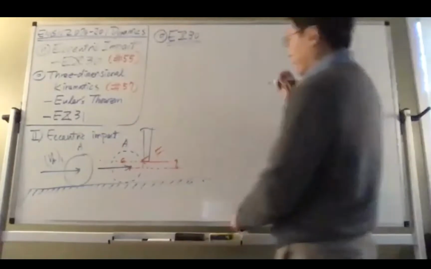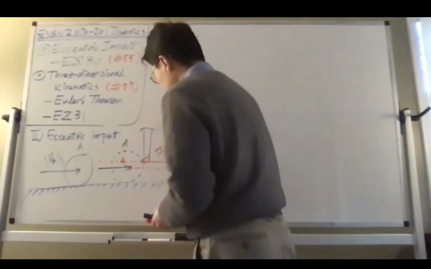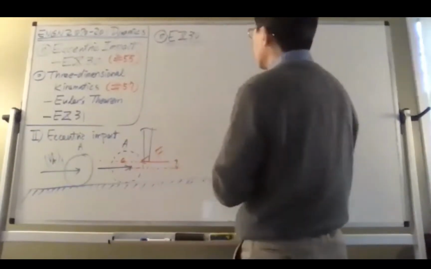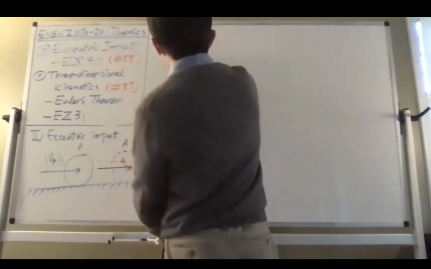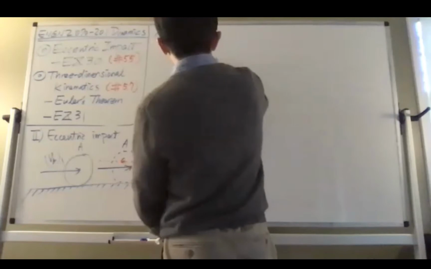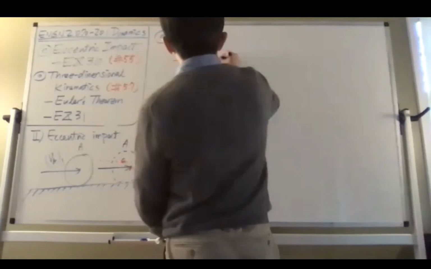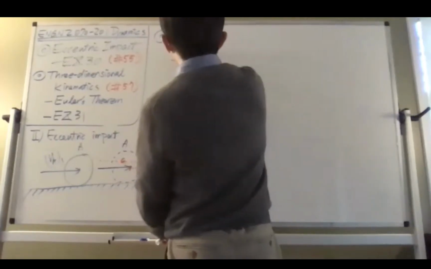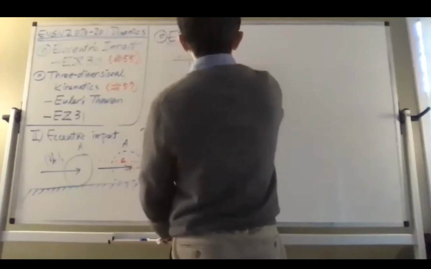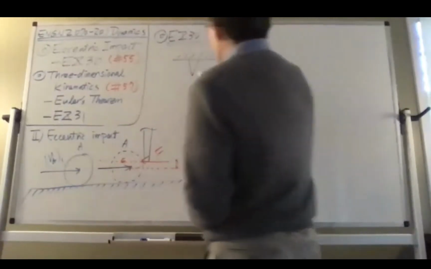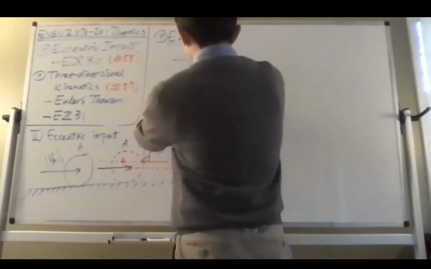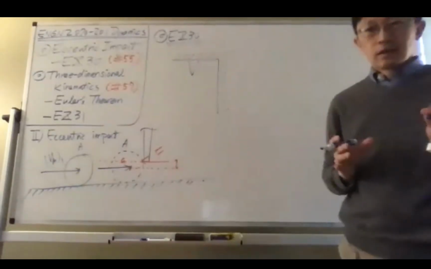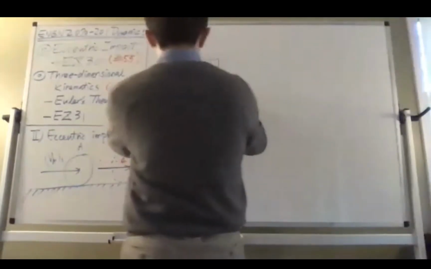Right. Now in example 30, let us consider there is a support, something like this, and there's a wall. Now suppose that this wall actually hangs a disc.